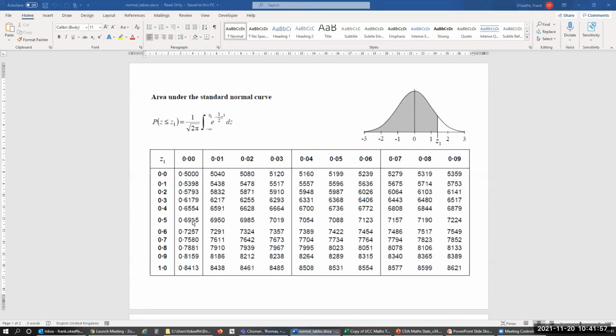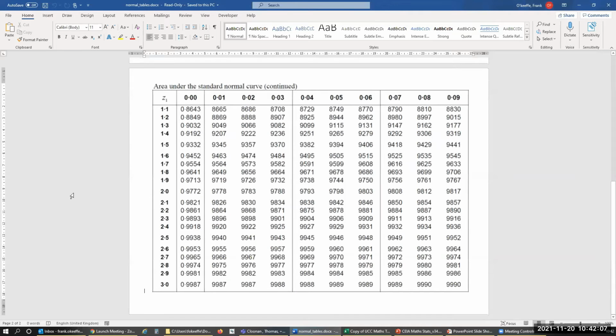So looking at our tables, we've got it in this form now. We've got a z1 equal to 2. Looking up here, z1 equals 2, and it's 0.9772. Now, if it was 2.01, we'd be looking here, 2.02 would be here, and so on up to 2.09 out here.